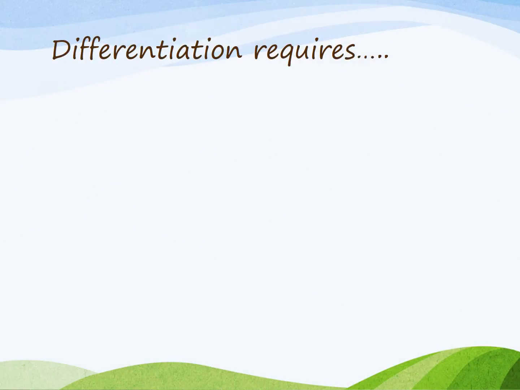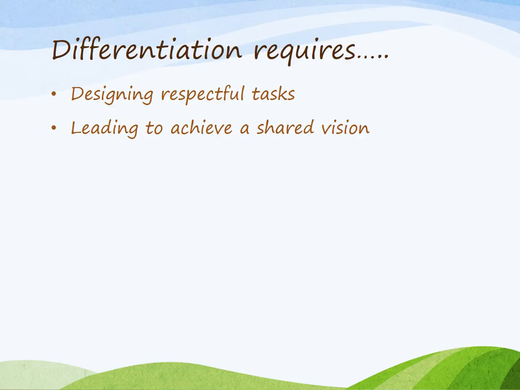As we've talked about in our previous lessons, we know that differentiation requires designing respectful tasks that are going to be at the appropriate level of challenge based on our students' readiness, interests, and learning profiles. Differentiation also requires leading to achieve a shared vision, helping students to find that passion for the learning and then move forward with achieving that vision.